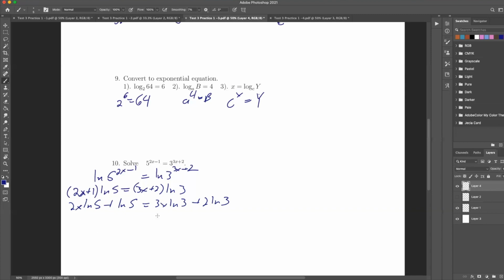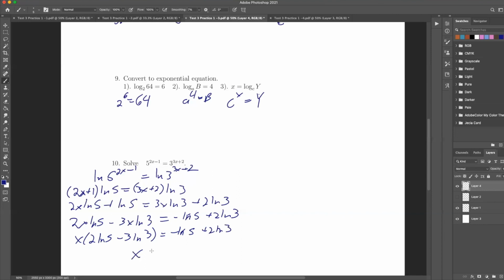All right, so here we're going to move all the x's to one side, all the constants to the other. So I'll have 2x ln 5 minus 3x ln 3 equals minus ln of 5 plus 2 ln 3. So here I just move this one over here, move this one over here. Then we're going to factor out our x. So I have x times 2 ln 5 minus 3 ln 3 equals minus ln 5 plus 2 ln 3.